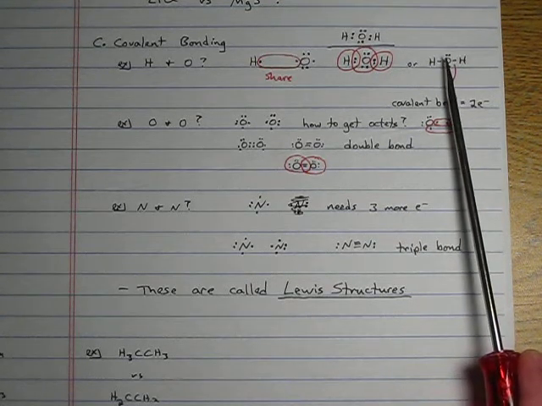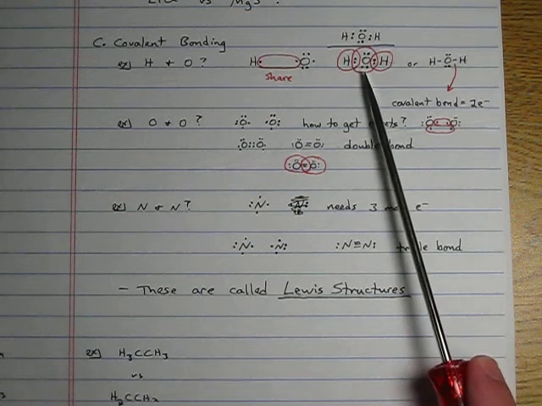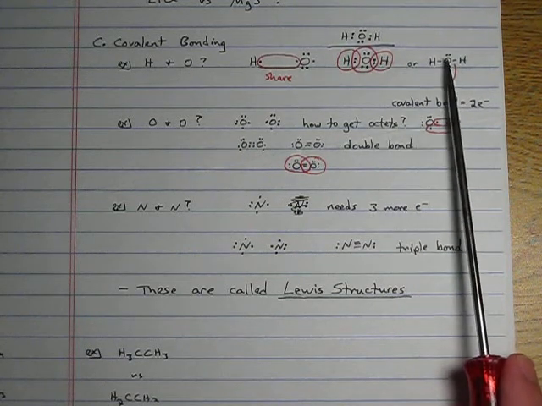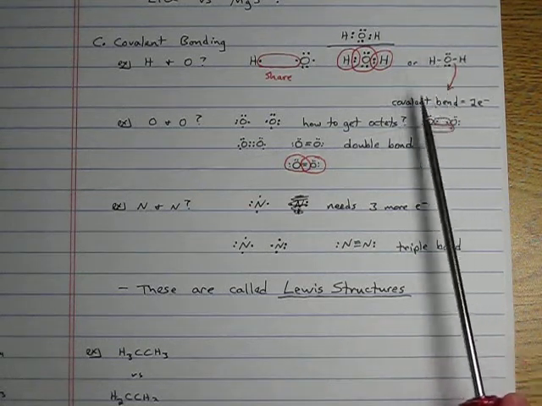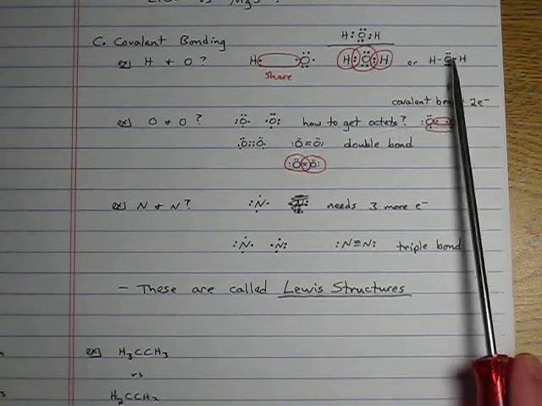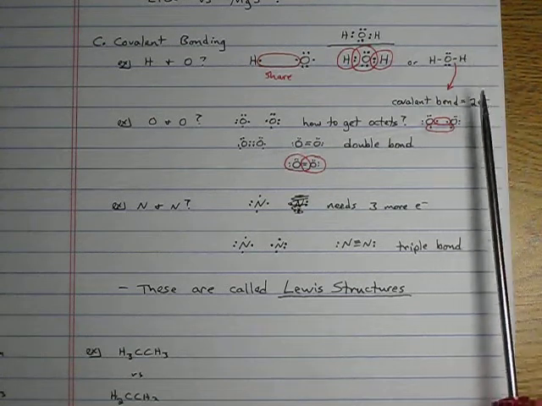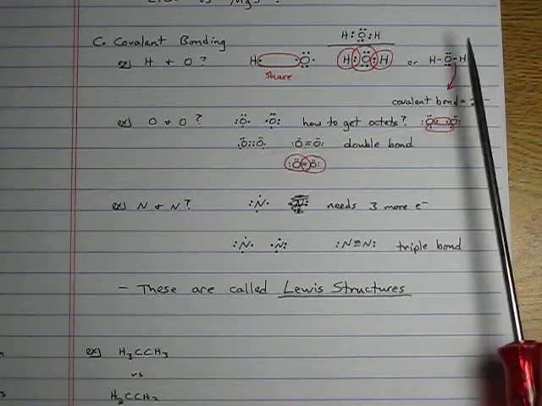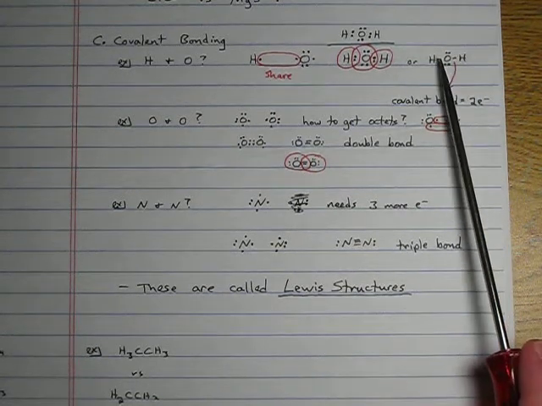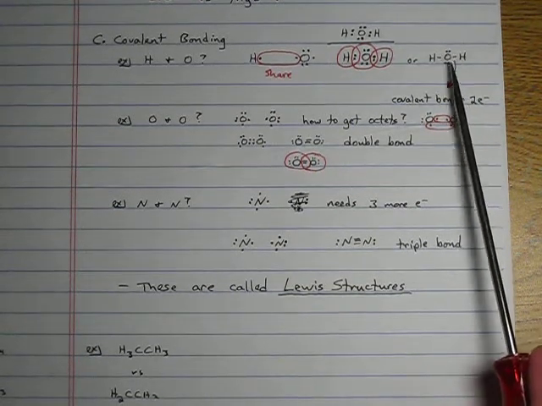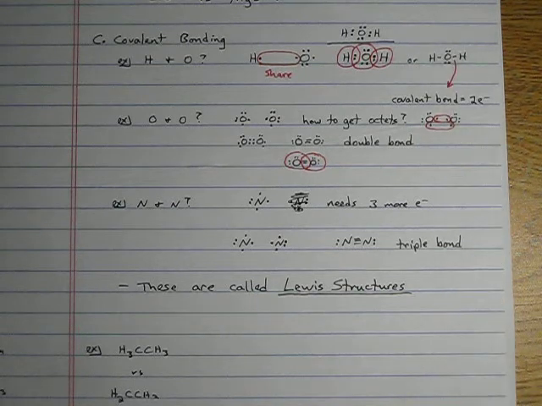The bonding pairs we're going to draw as lines, because this gets a little complicated to look at. So we're just going to draw a line between the oxygen and the hydrogen. This line means a covalent bond. That means 2 electrons. Anytime you see a line between 2 atoms, that means 2 electrons in a covalent bond. Those 2 electrons are shared. So this would have a bonding pair here, a bonding pair here, and 2 lone pairs of electrons on that oxygen.